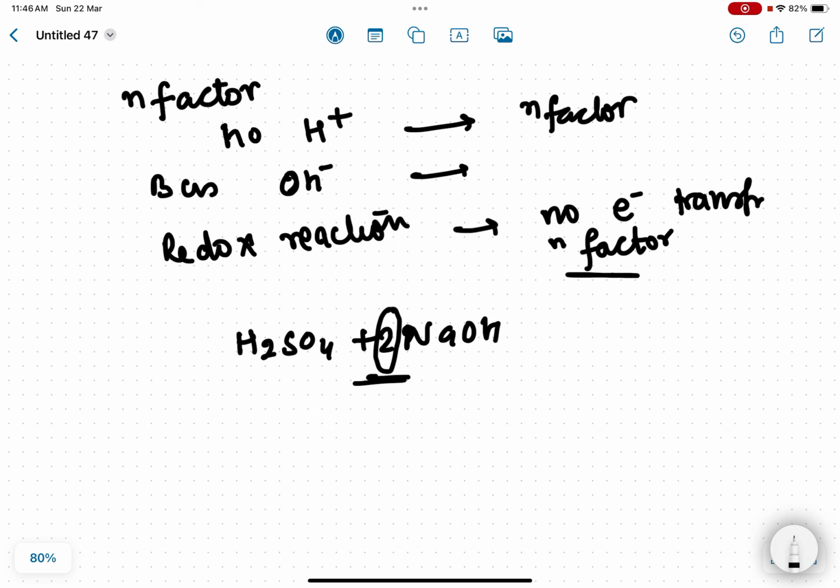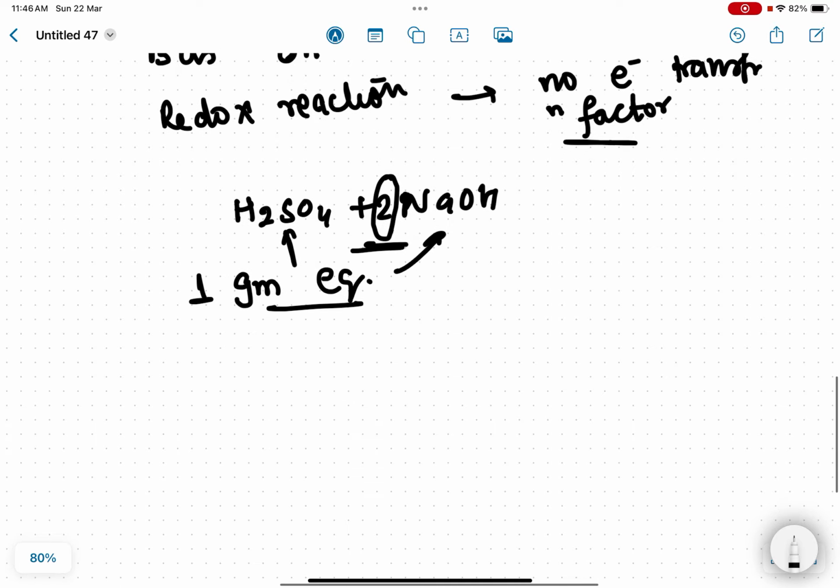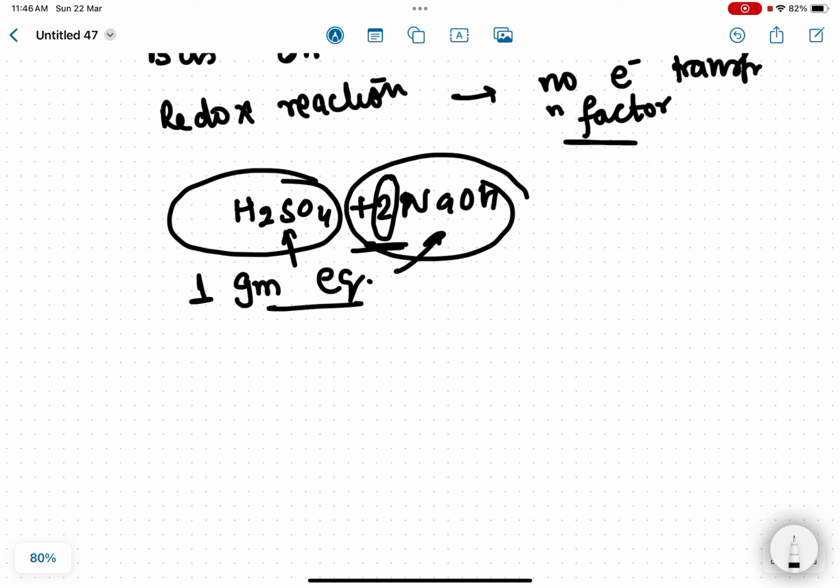But when we talk in terms of gram equivalents, it will always be equal: 1 gram equivalent of both NaOH and H2SO4 reacts. So we do not need to know the balanced reaction. We can just calculate the gram equivalents of H2SO4 and of NaOH, and equal gram equivalents will react with each other.